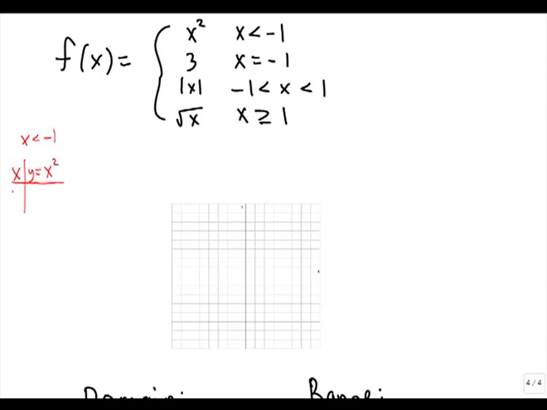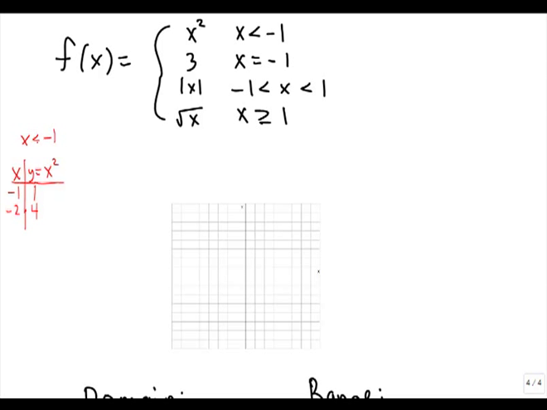The very first x value you want to use is that initial endpoint, -1, and another x is any value less than that, so maybe -2. Now if I plug -1 into my x squared, remember you're squaring both the 1 and the negative, so (-1) squared turns into a 1, and (-2) squared turns into a 4.